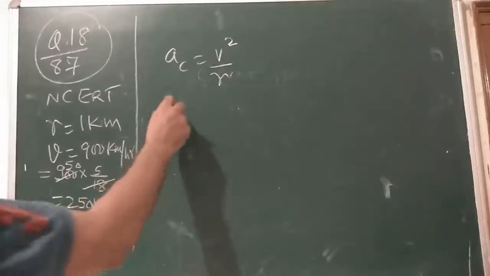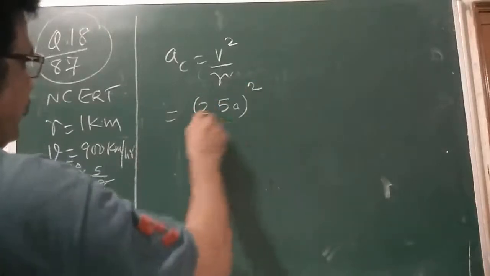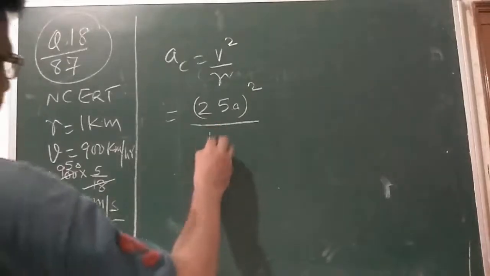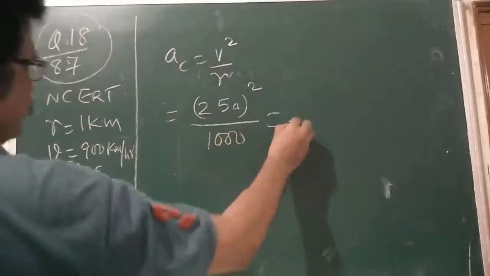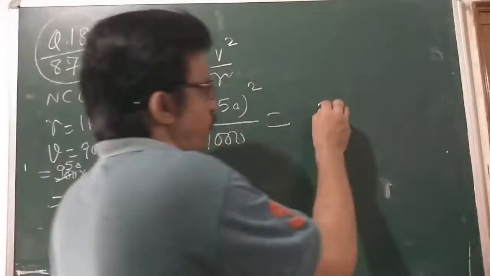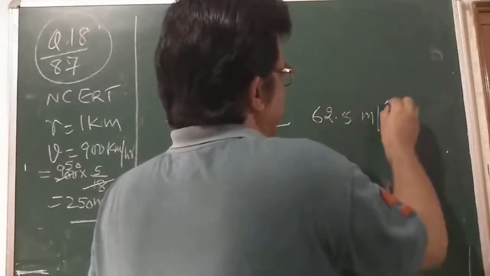What is that? 250 whole square divided by R, where 1 kilometer is 1000 meter. So I can write here 1000. Solve it. Once you solve it, you will get 62.5 meter per second square.